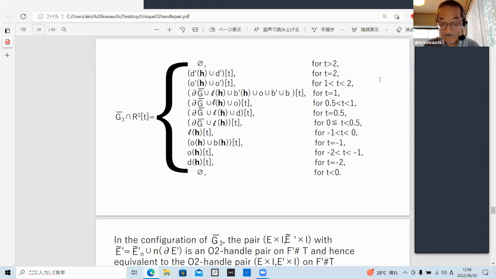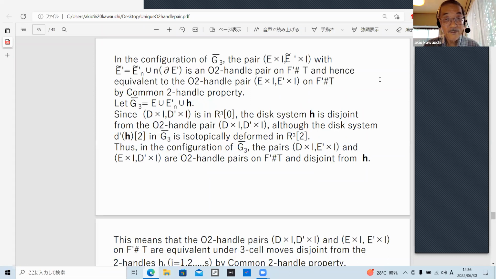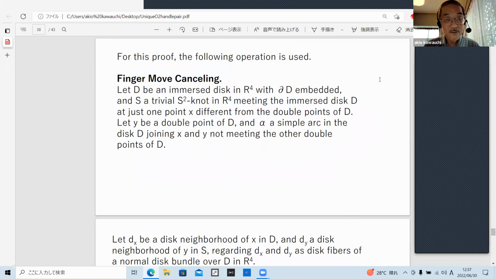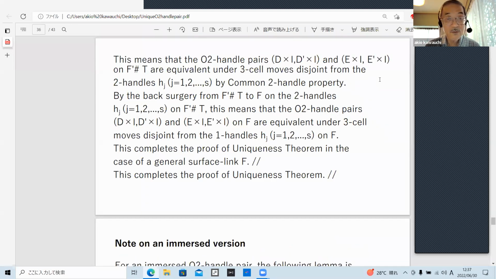So what is obtained is D cross I, D dash cross I, 2-handle pairs equivalent under three-cell moves disjoint from the two handle.